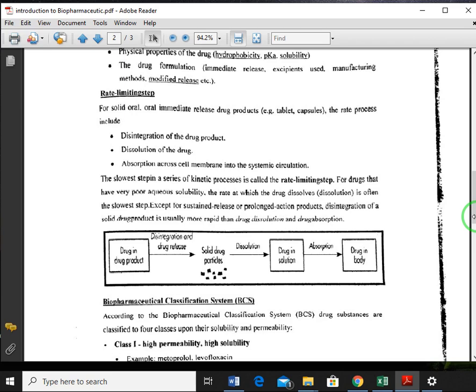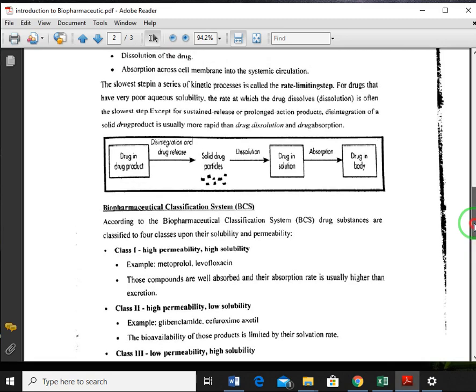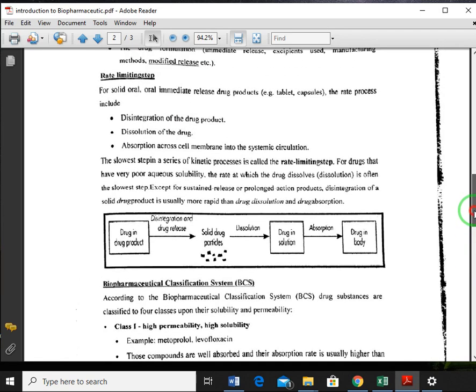Disintegration of a solid drug product is usually more rapid than the drug dissolution and drug absorption. Okay, students, we have learned the rate limiting step and we have learned the three steps: disintegration, dissolution, and absorption.